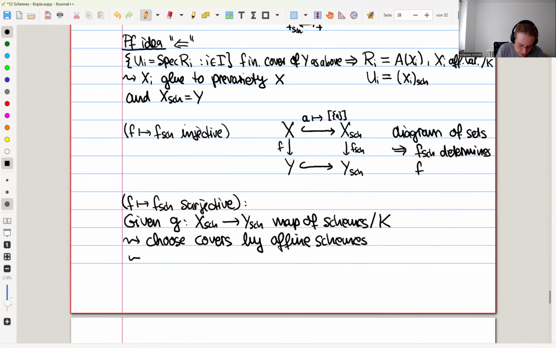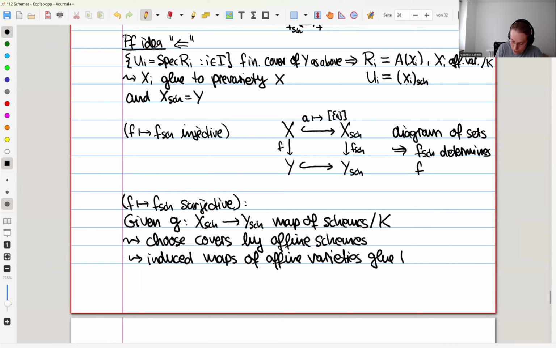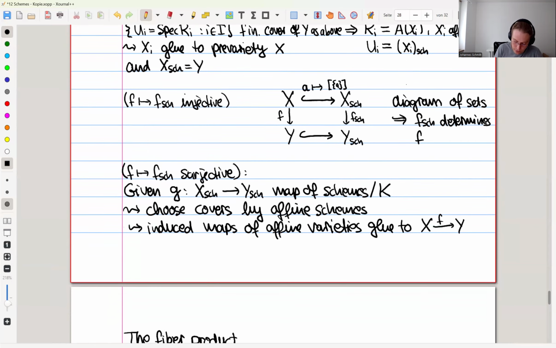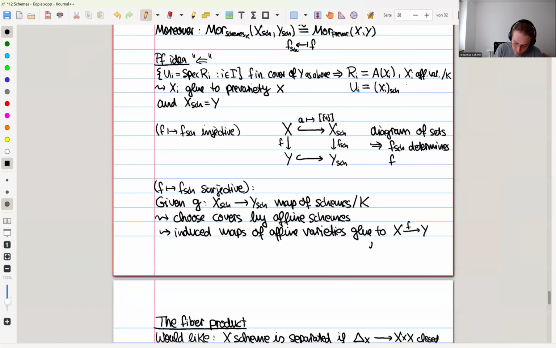And then these induced maps of affine varieties glue to such a map F from X to Y of these varieties with G equals F scheme.